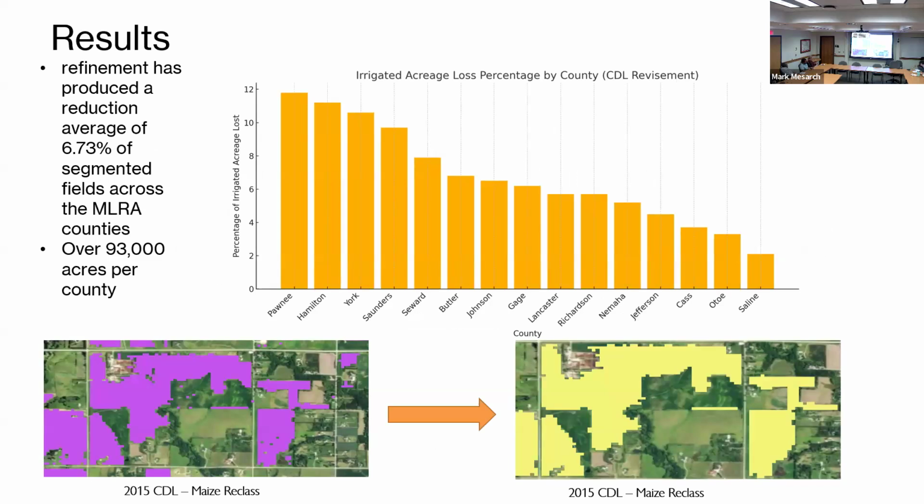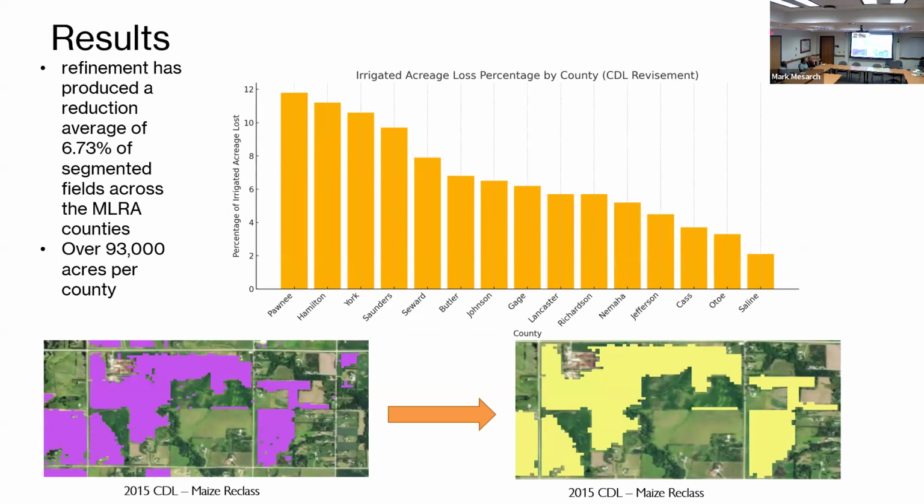The refinement has produced a decrease of around 6.73% across the MLRA counties. That results in almost 100,000 acres per county in general reduction of size from the CDL. This is a given published dataset, so reducing the dataset in a singular county by 100,000 acres is a massive amount.